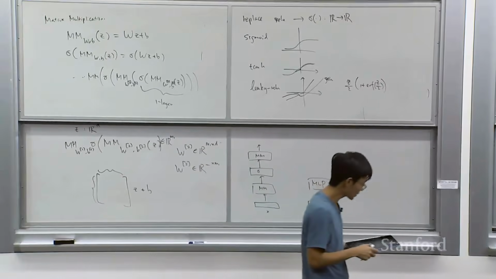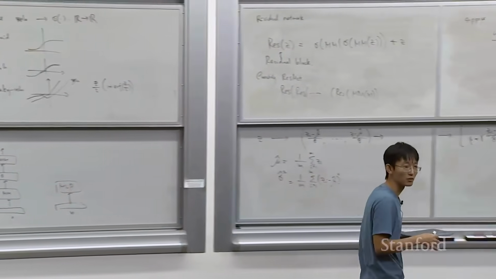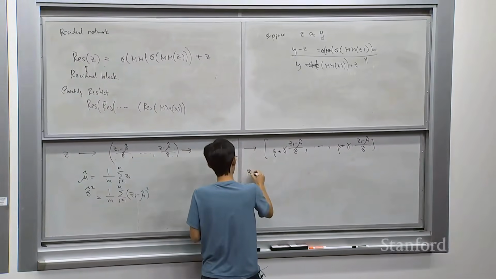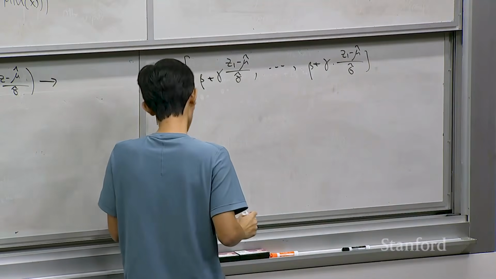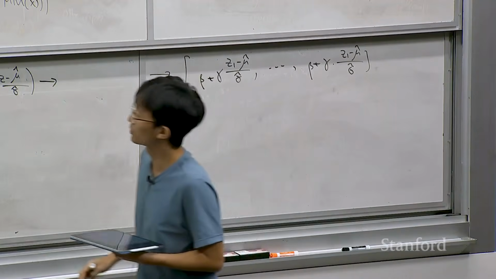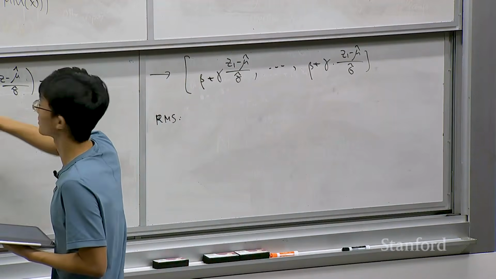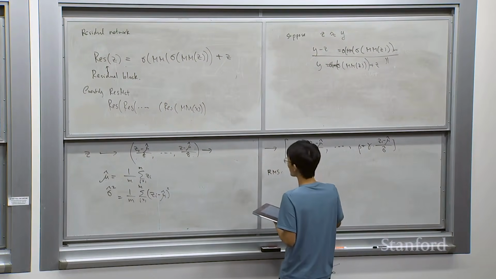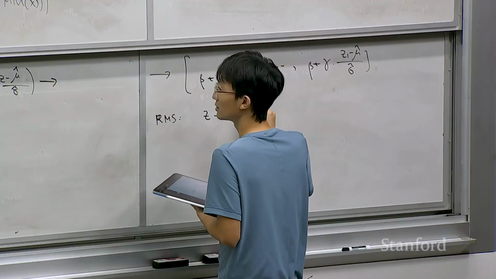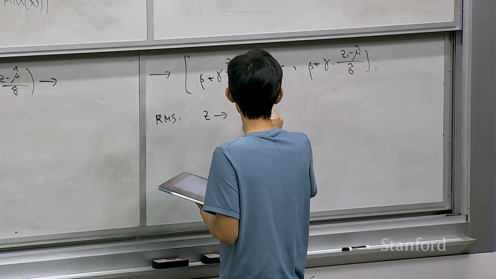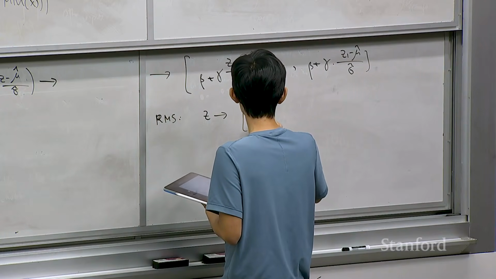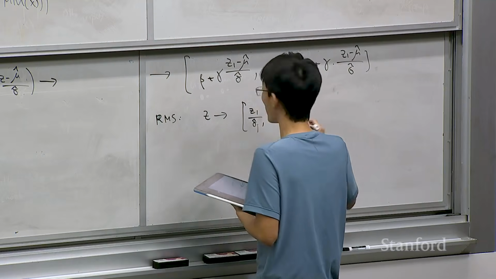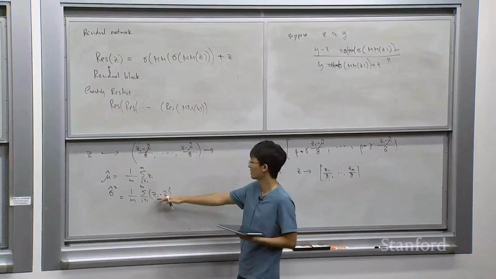And then later people realized actually you probably don't have to do this. So this is the layer norm. And now there's something called RMS norm, which is even simpler. You don't subtract the mean anymore. You just divide by sigma hat. So z is turned into z1 over sigma hat. And the sigma hat is also different.